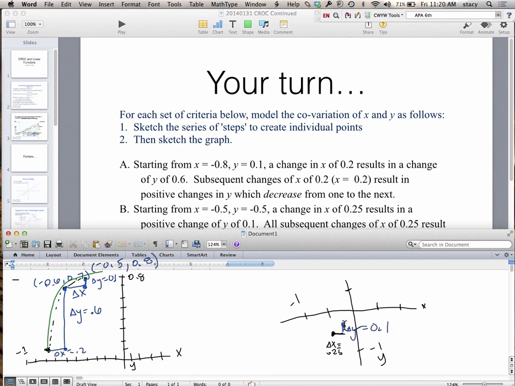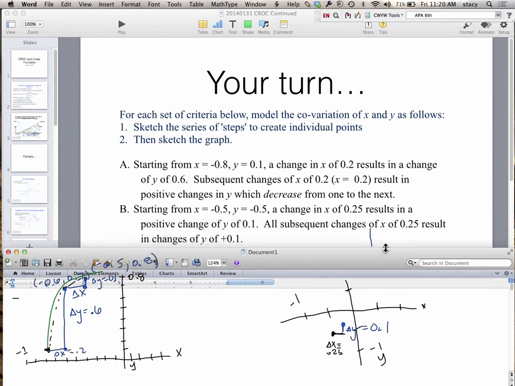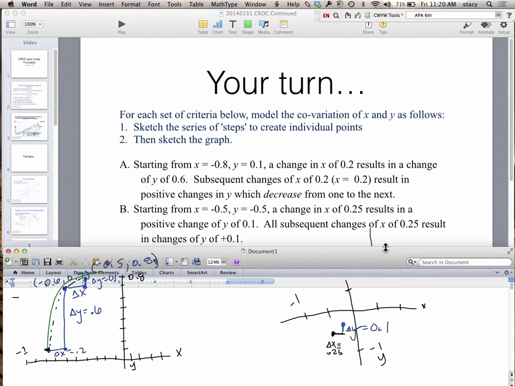And then what? It says all subsequent changes of x of 0.25 result in a change of y of 0.1. That stays the same, right?